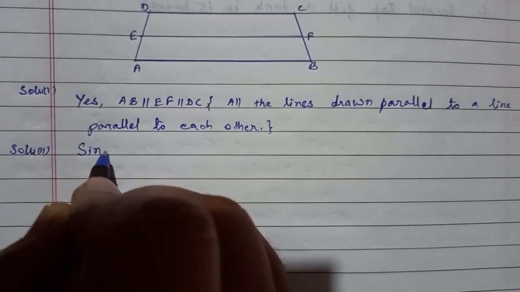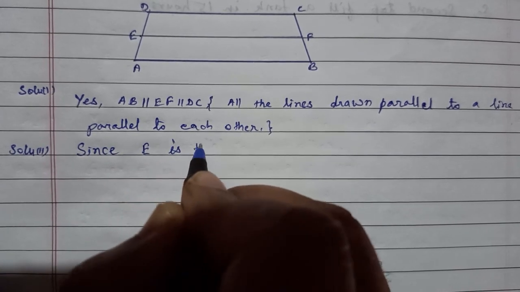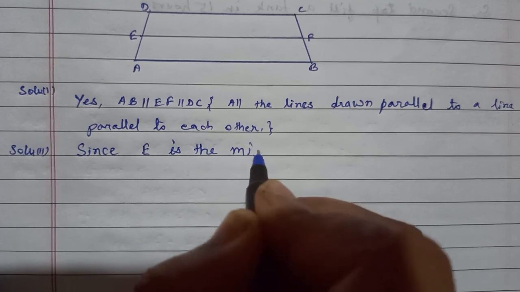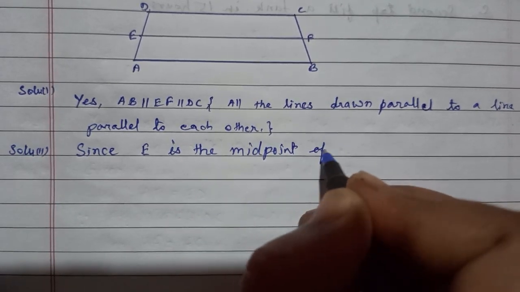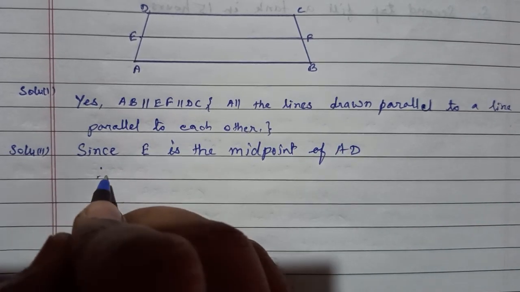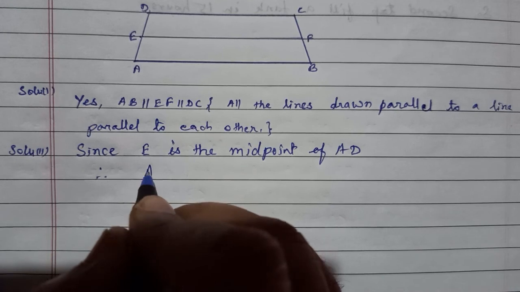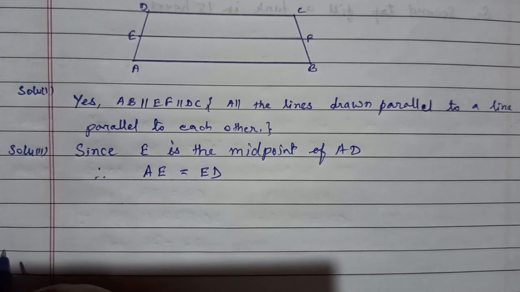Solution 2. Since E is the midpoint of AD, therefore AE is equal to ED.